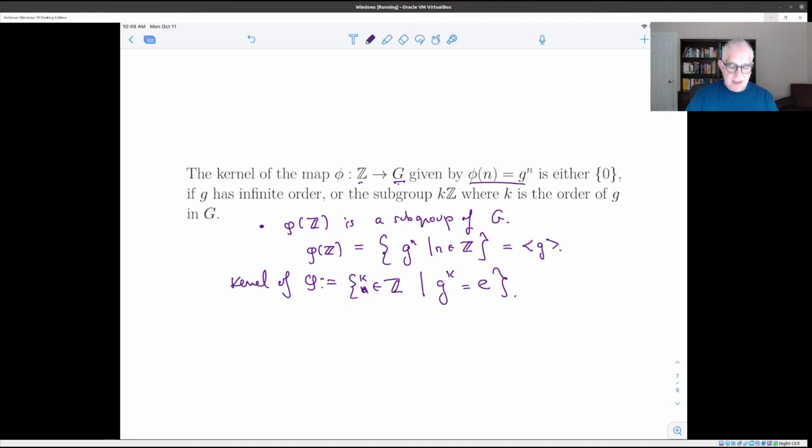What we know is that g to the k is equal to the identity if and only if the order of g, which is the smallest k such that g to the k is equal to the identity, divides k. Or it could happen that g has infinite order.